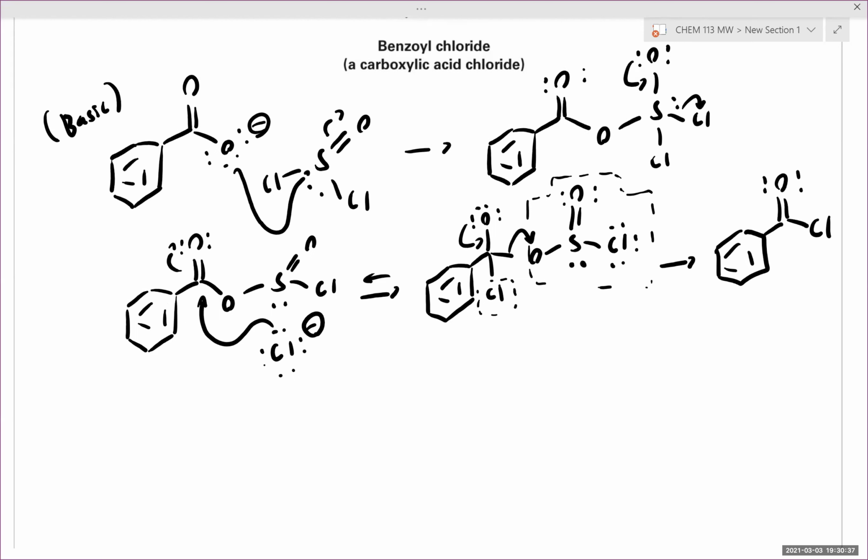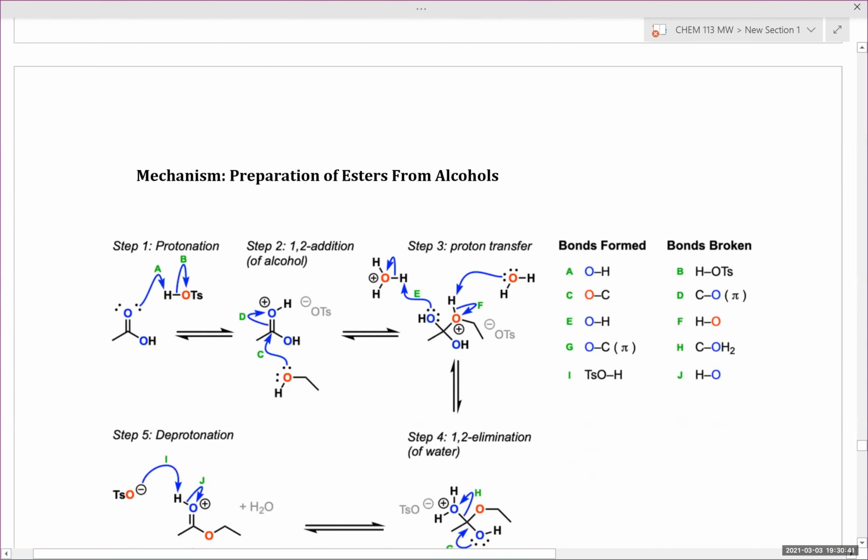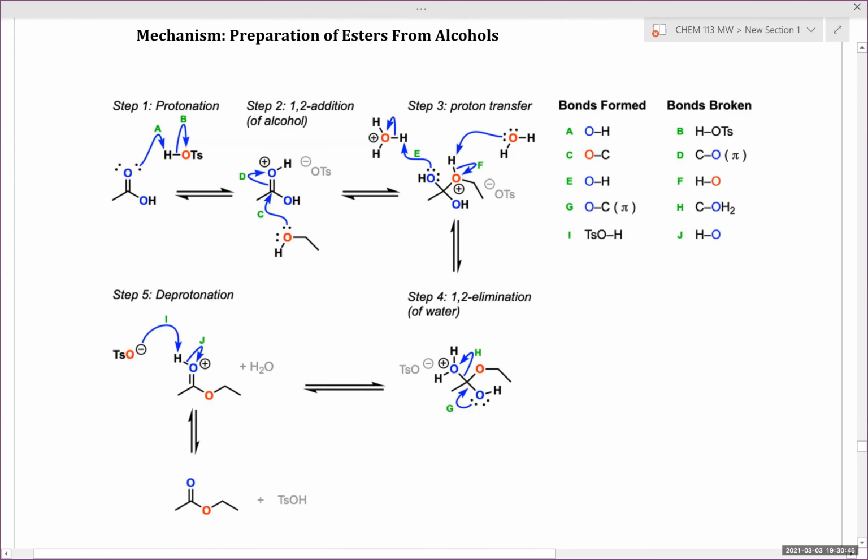Okay, so let's look next at the acidic conditions to prepare esters from alcohols. So under acidic conditions, we have to activate our carbonyl. So in the first step, we're going to protonate our carbonyl.